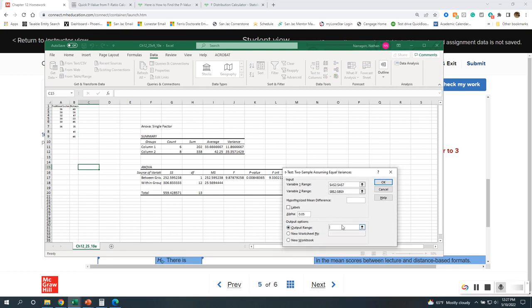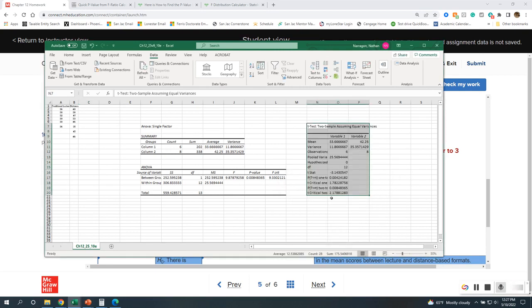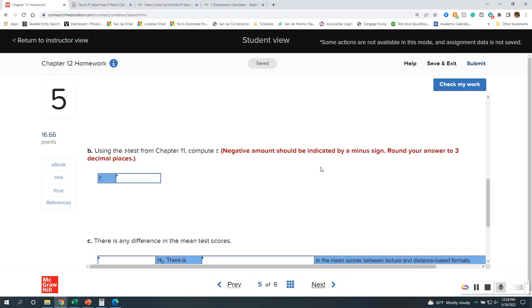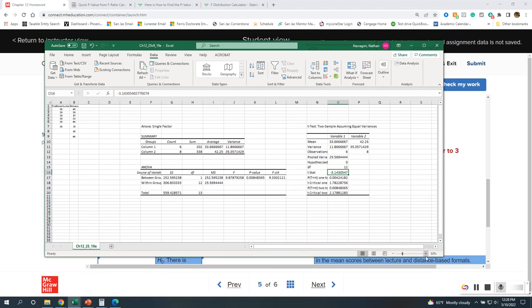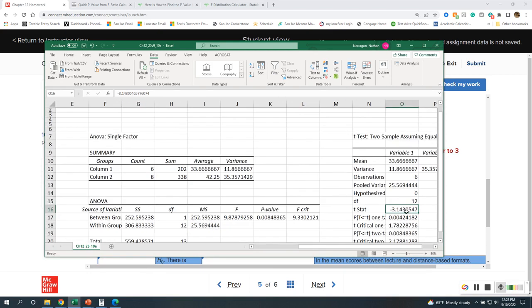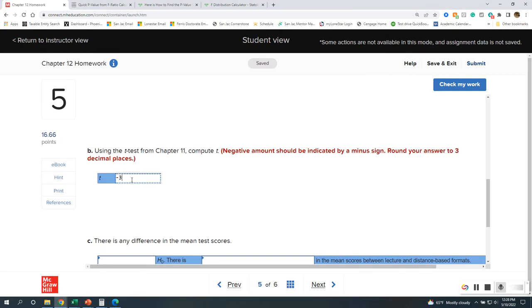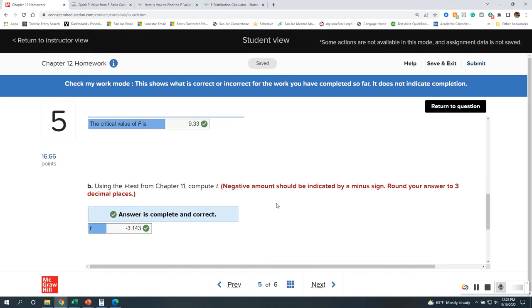Okay. Output range. I'm going to tell it to put it over here. Let's click OK. Okay, there we go. There's our t-stat. See, negative amount should indicate by the minus sign, 3 decimal places. So back. So negative 3.143. Let's see if that is correct. That is. Woo! Using Excel now with that new data analysis that we have.